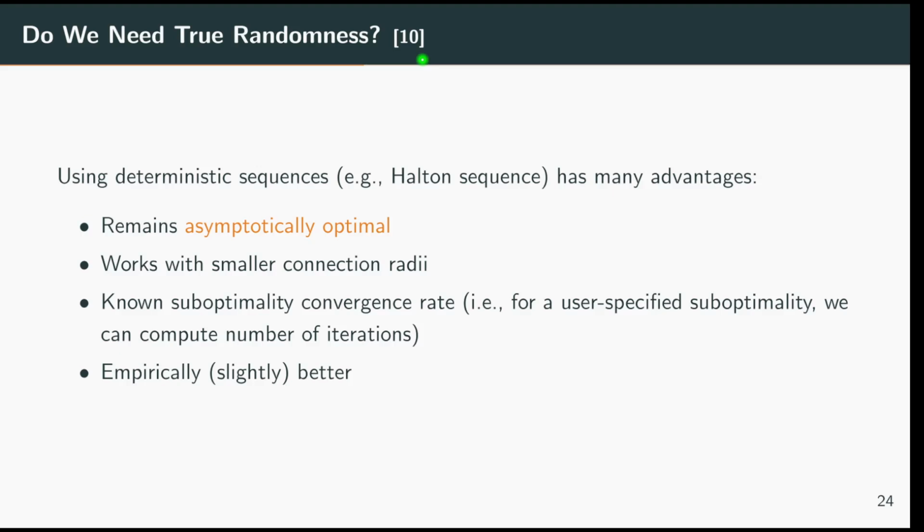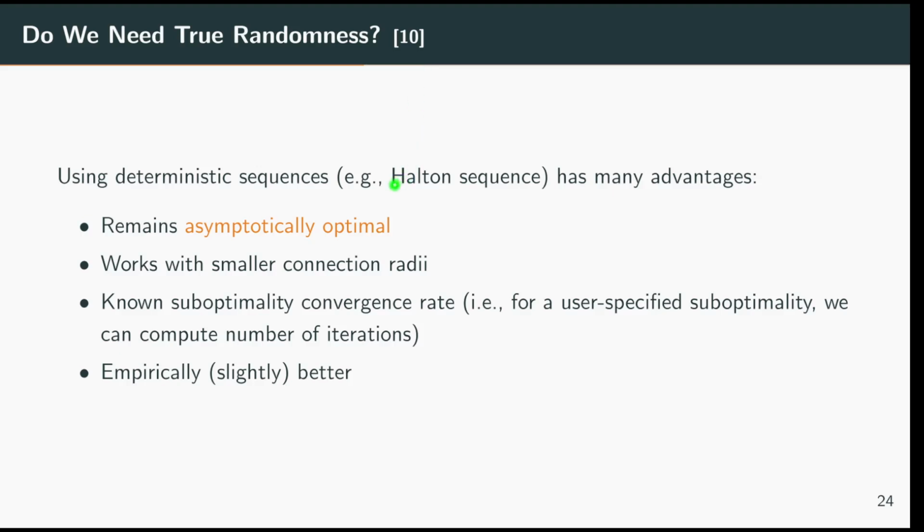So if you use the Halton sequence as a random number generator, for example, in RRT star or PRM star, that will remain asymptotically optimal.